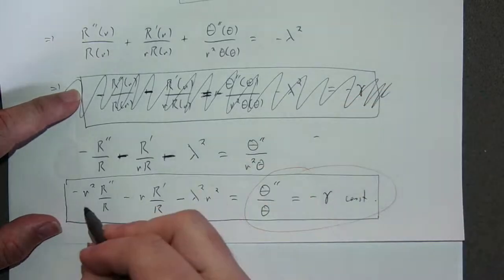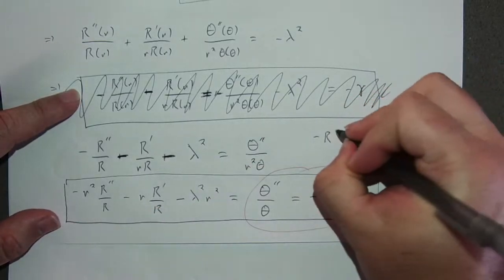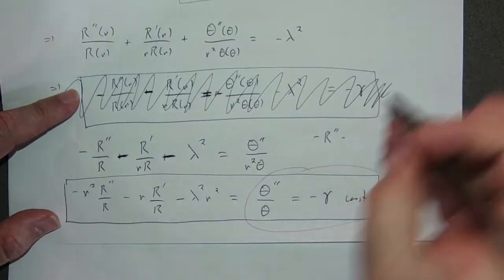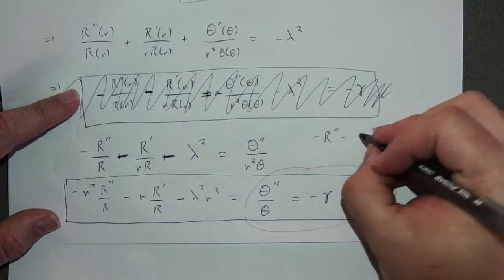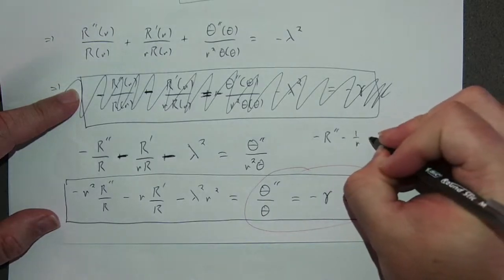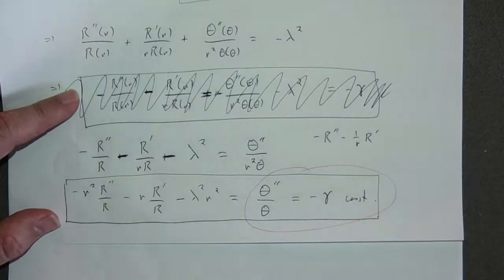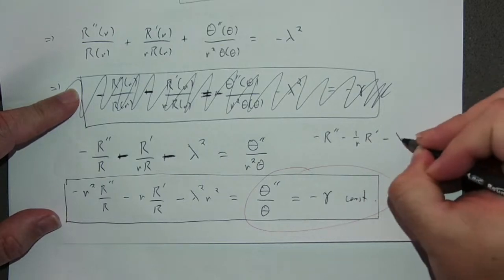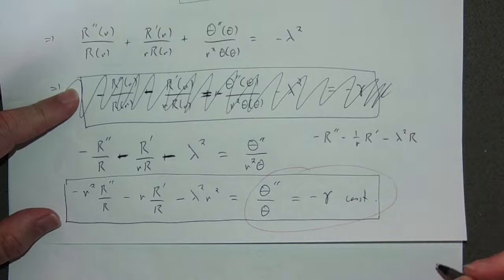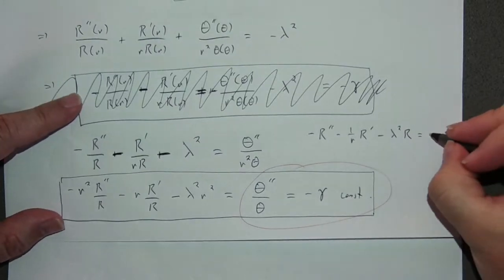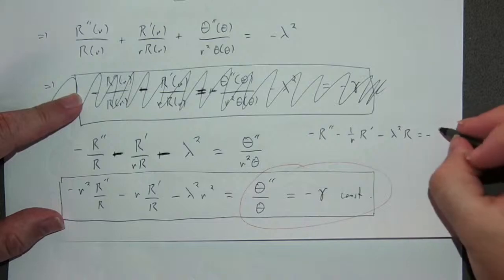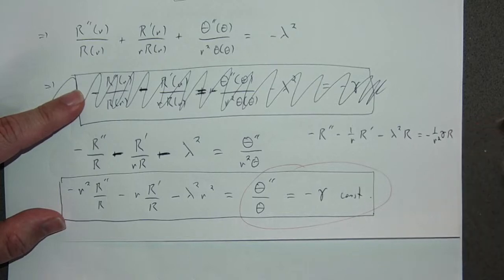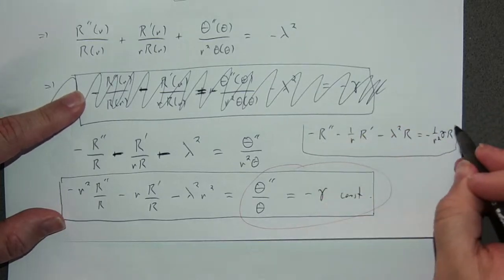This would be minus r double prime, right? Minus 1 over r, r prime, minus lambda squared r is equal to minus 1 over r squared gamma r. So that is the thing that I get.